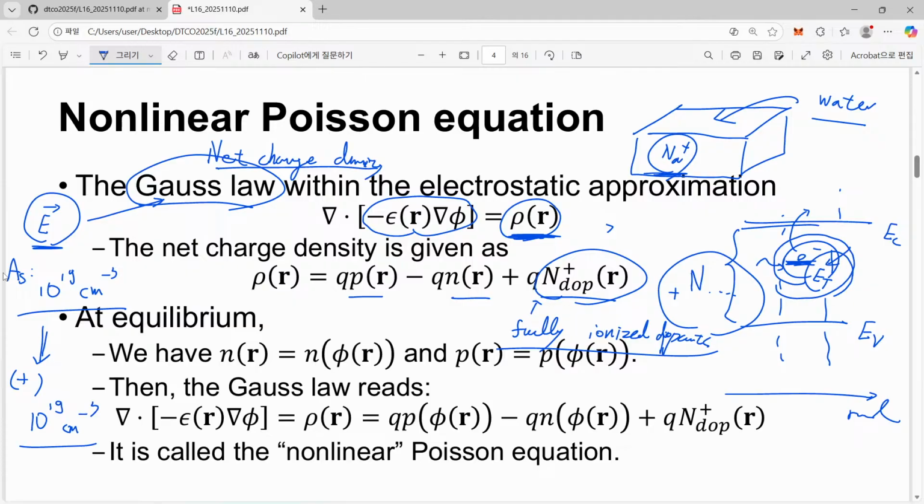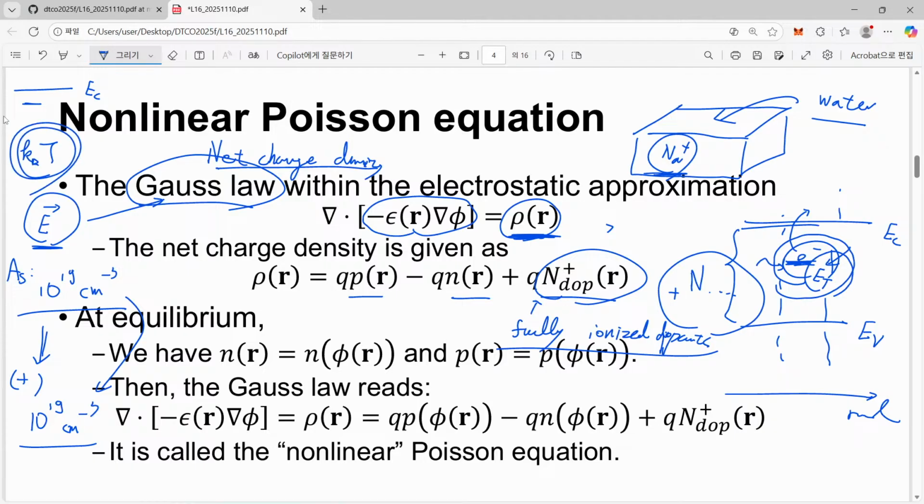That is our assumption. We can assume this full ionization because the arsenic levels are quite close to the conduction band level, and we have a sufficiently high temperature.